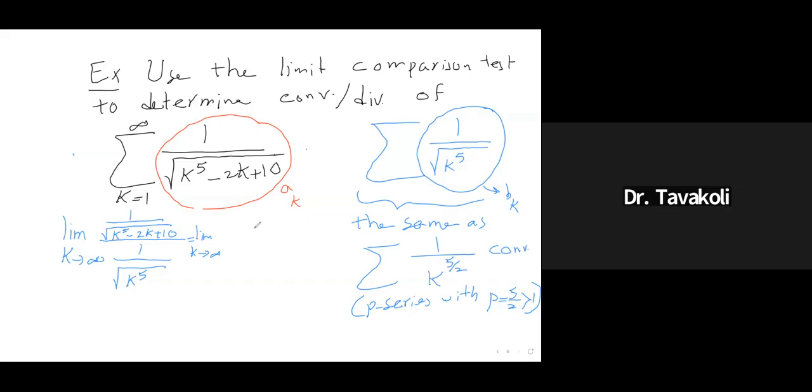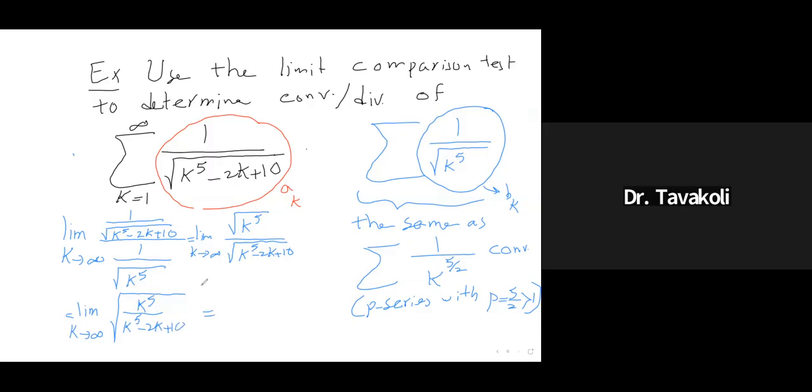Simplifying this fraction, the radical of k to the 5 goes to the top, and the radical of (k to the 5 minus 2k plus 10) goes to the bottom. Both the top and the bottom have radicals, so I can think of one big radical, k to the 5 over (k to the 5 minus 2k plus 10).